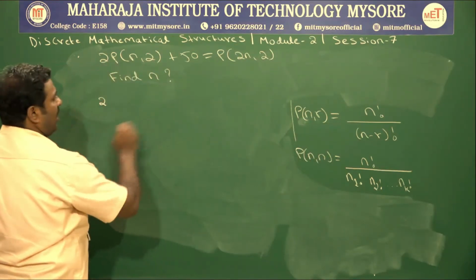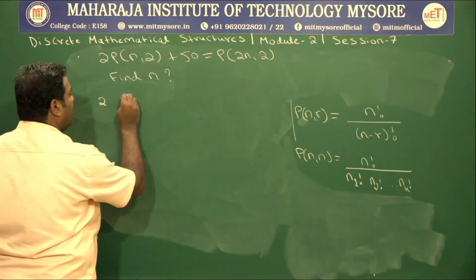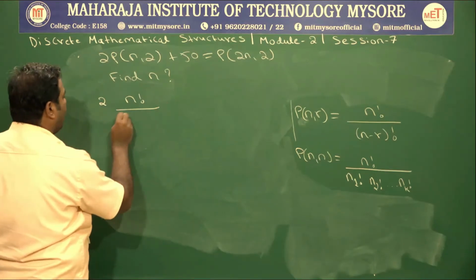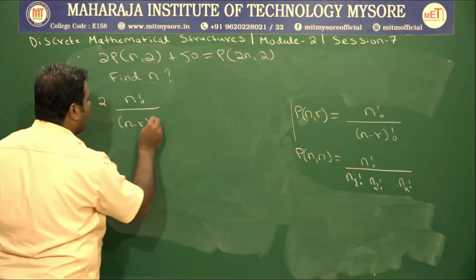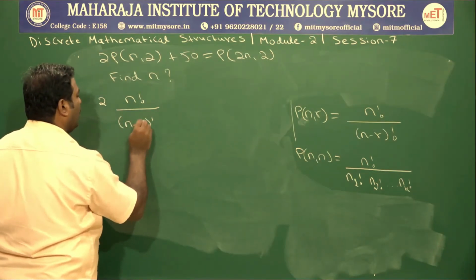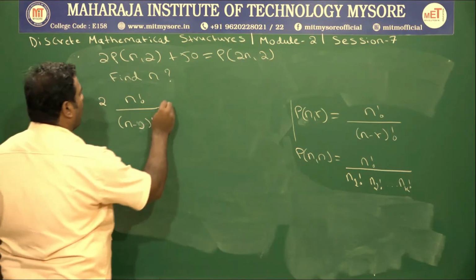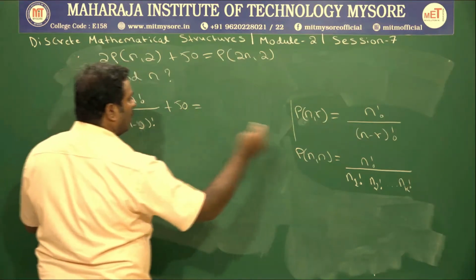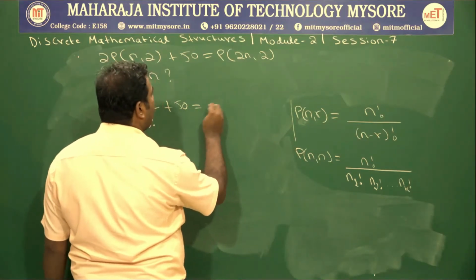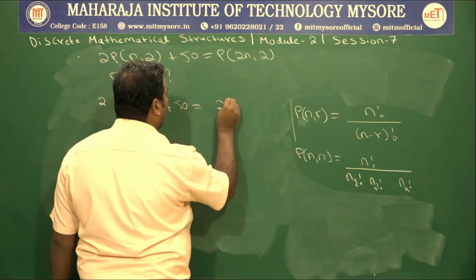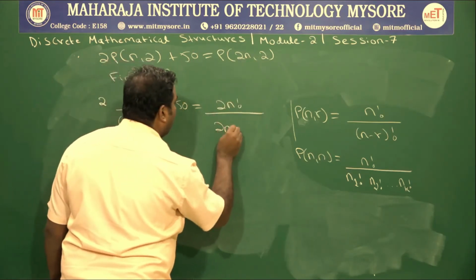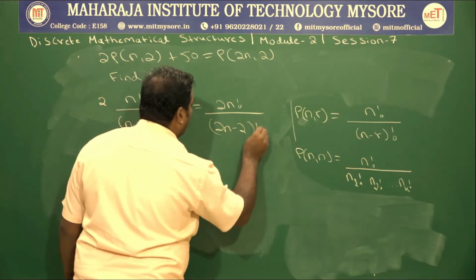Just substitute over here. Hence I am going to end with n factorial divided by (n minus r) factorial, where r is going to be 2, hence 2 multiplied by n factorial divided by (n minus 2) factorial, plus 50 equals 2n factorial divided by (2n minus 2) factorial.